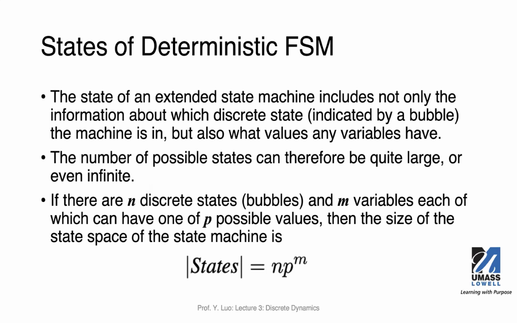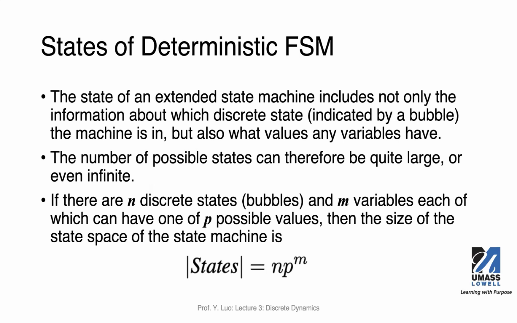So even though you may think you reduce the number of discrete states, in terms of the transitions you still have to consider the values of the variables. The number of possible states can therefore be quite large or even infinite.